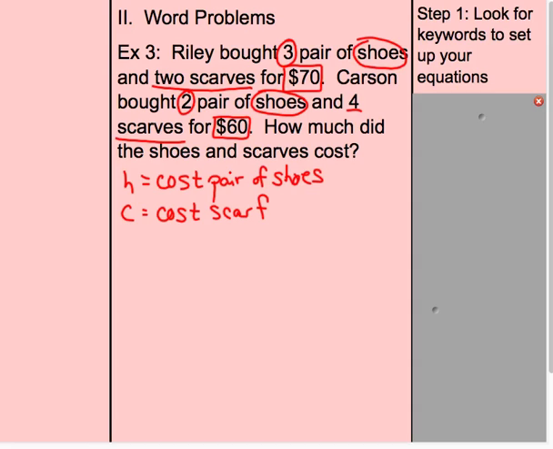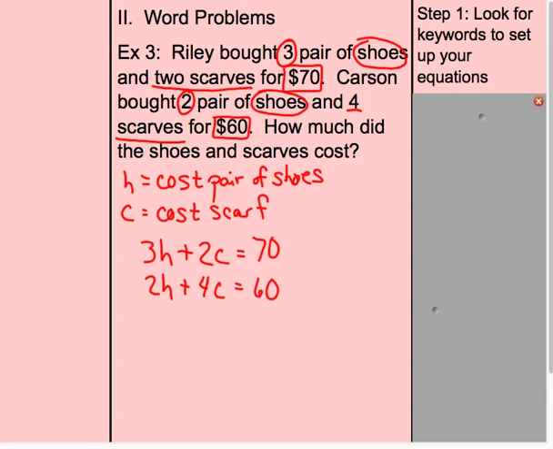So notice I circled those because they go together. So 3 times the cost per pair of shoes and 2 scarves. So we're adding what she paid for the scarves to C for a total of $70. Similar equation for Carson. She bought 2 pair of shoes plus 4 scarves and paid $60.